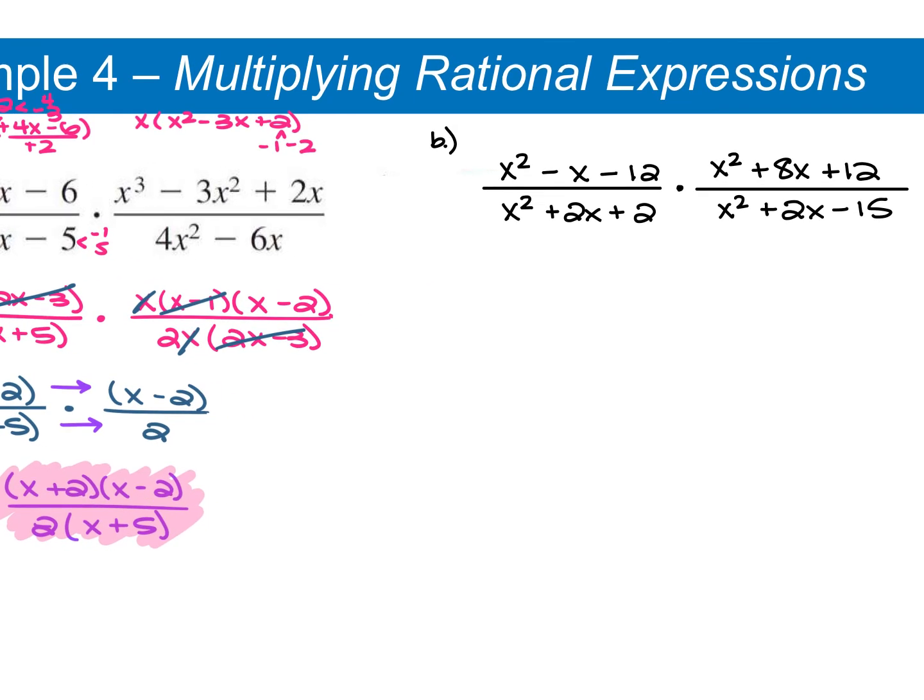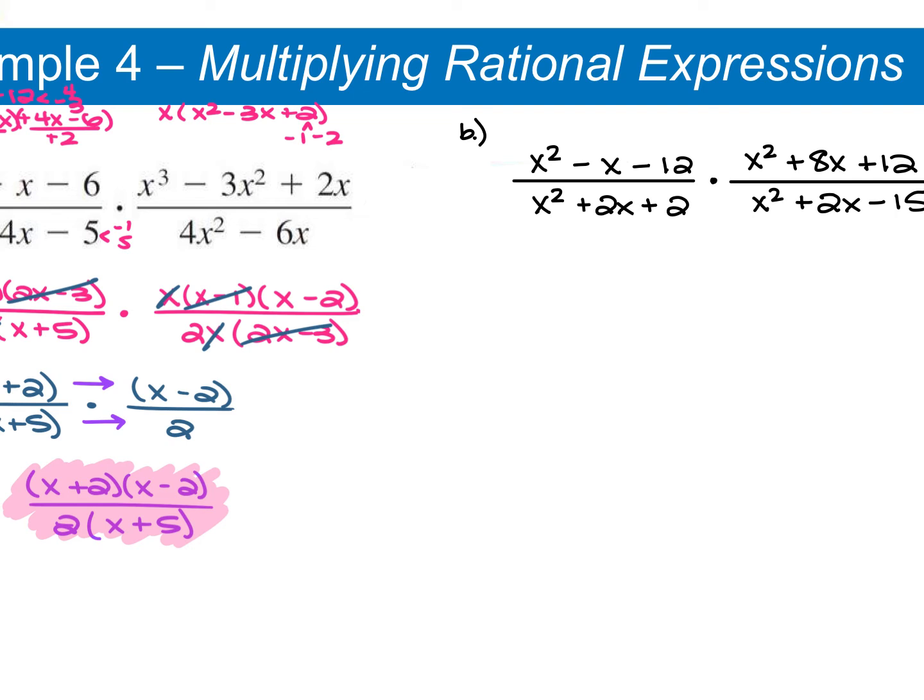For example B, you have x squared minus x minus 12 over x squared plus 2x plus 2 times x squared plus 8x plus 12 over x squared plus 2x minus 15. From the numerator of the first fraction, your factors of negative 12 that add up to be negative 1 are negative 4 and positive 3.